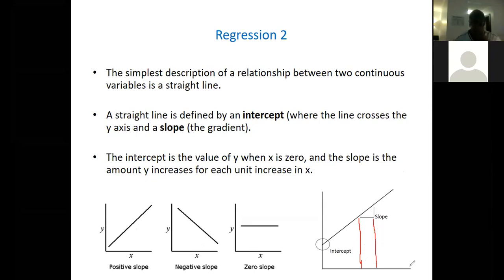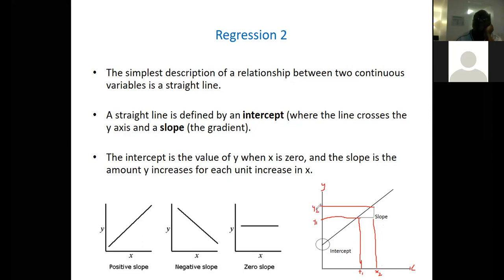X is the horizontal, y is the vertical. So from this place, x1 to x2, there's a change. You want to see the movement when the thing moves from here to here. Y also moves, from here to here. So y moves from y1 to y2 also.